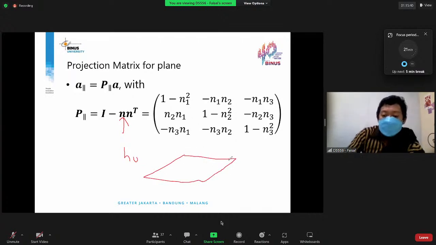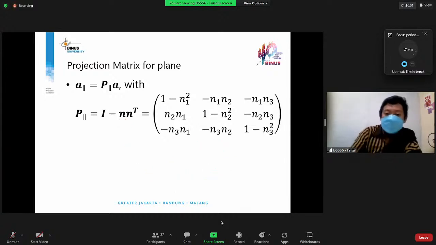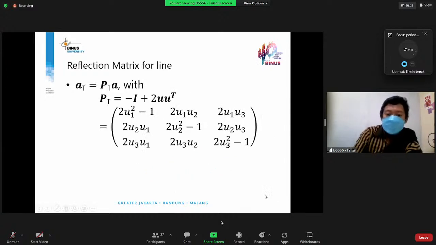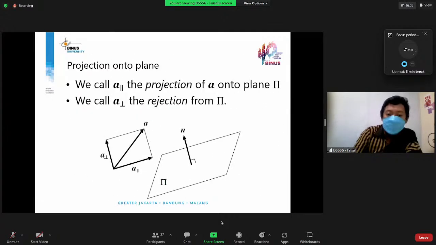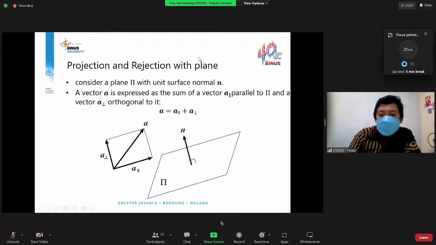If this is the plane, then the normal vector n is the vector which is orthogonal to the plane. So this is orthogonal, this is n. Yeah, you can see in the previous slide. This is the n.